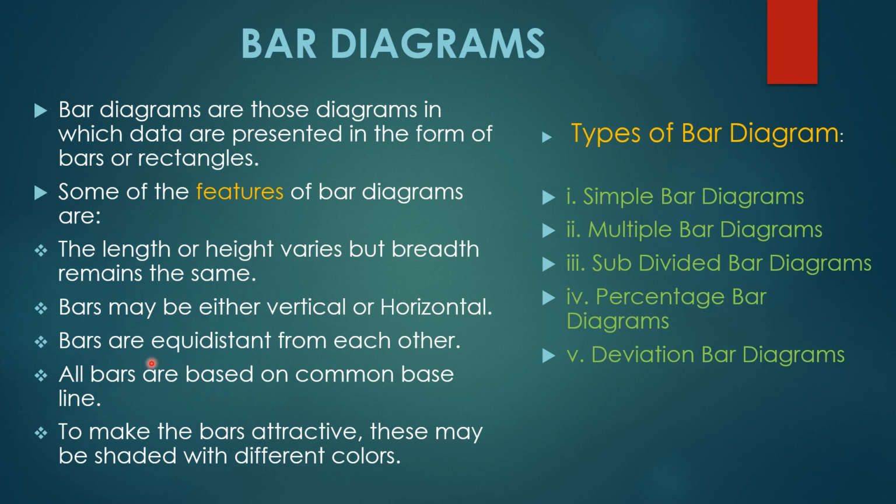Bars are equidistant from each other, so the distance between two bars should be equal. All bars are based on a common baseline. For example, if we are using the x-axis, then all the bars must be shown on the x-axis, or if we are plotting the bars on the y-axis, then all the bars must be plotted on the same common baseline, that is the y-axis.